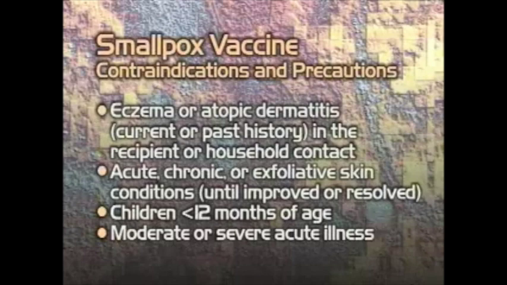Persons with other extensive exfoliative skin conditions, children less than 12 months of age, and persons with a moderate or severe acute illness should also not be vaccinated. A careful medical history for contraindications to vaccination should be done for every person prior to vaccination. Additional information about contraindications and precautions for smallpox vaccine can also be found on the CDC websites.